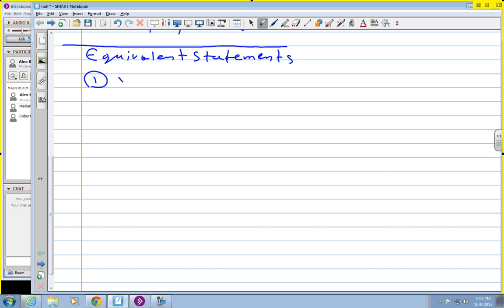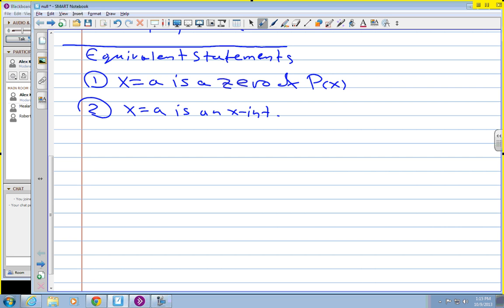So the first statement was x equals a is a 0 of a function. Now again, we're dealing with polynomials here, so it's a polynomial function. Then we said x equals a is an x-intercept of the graph y equals p of x.